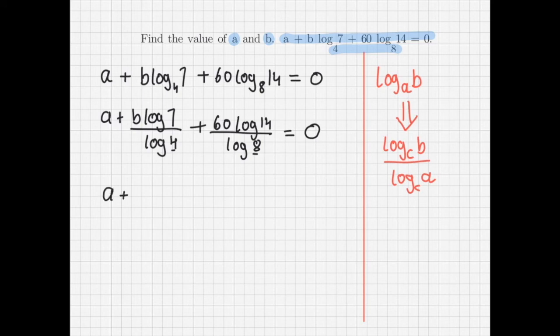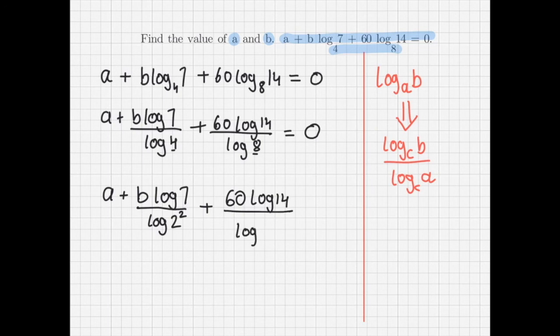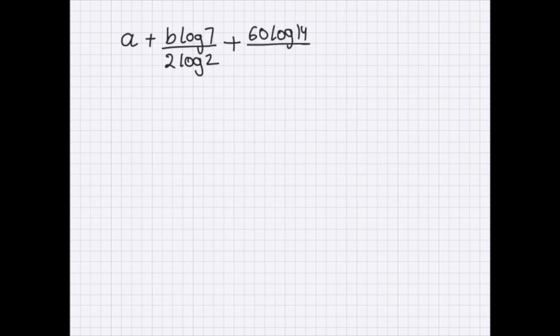So a plus b log 7 over log 4 is just 2 to the power of 2. 60 log 14 over log 8 is just 2 to the power of 3 to 0. So we'll be left with a plus b log 7 over 2 log 2 plus 60 log 14 over 3 log 2.